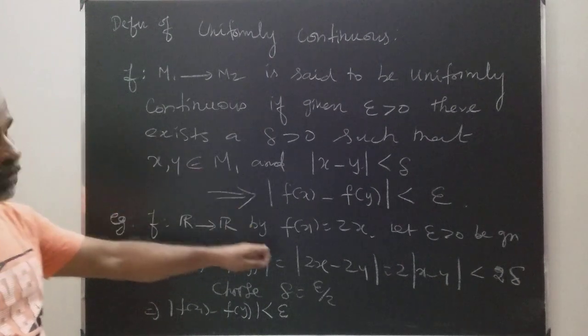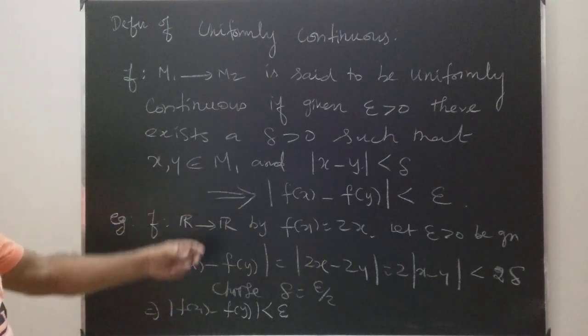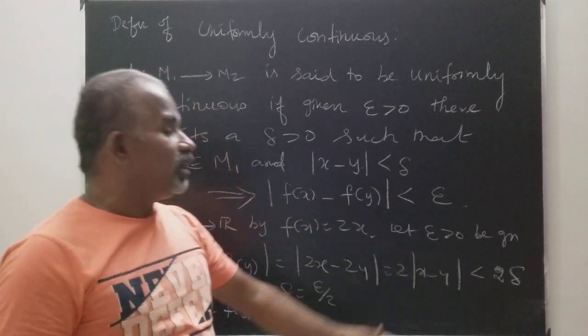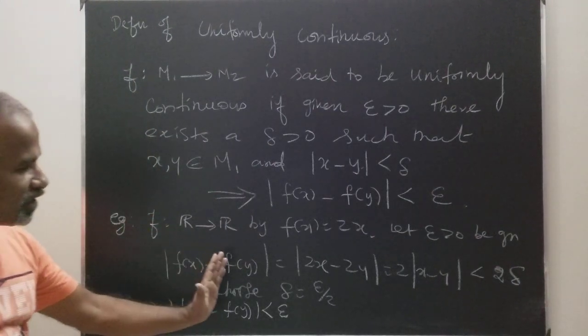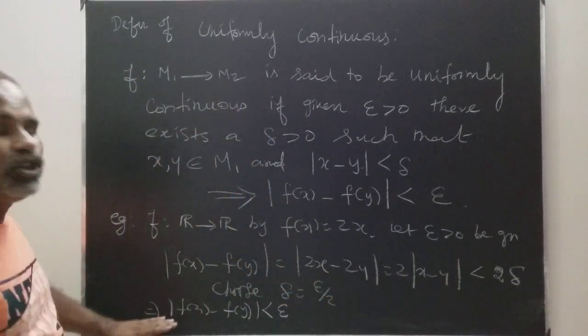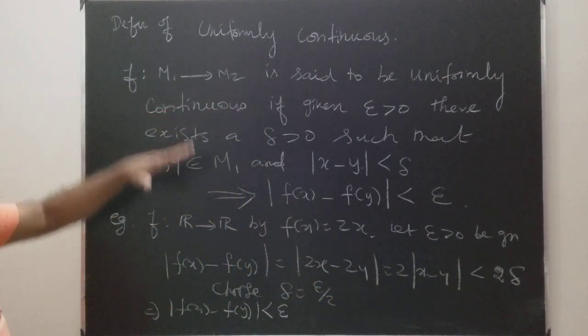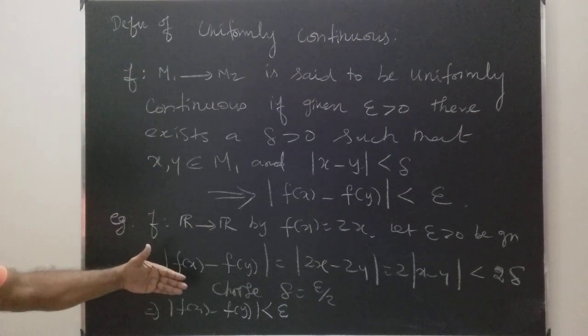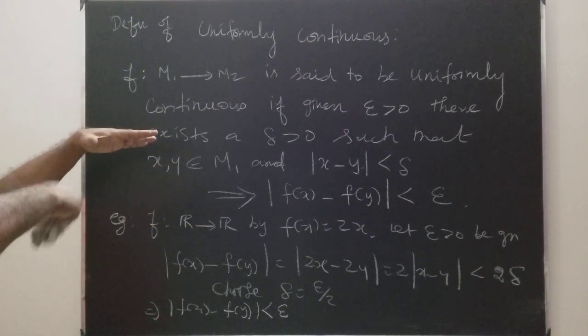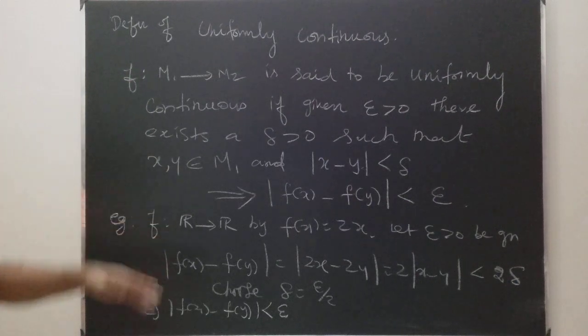This delta depends only on epsilon, so simply we can say this is uniformly continuous. That definition is continuous, and this is uniformly continuous. You have to differentiate between this and that. Okay, clear? Thank you.